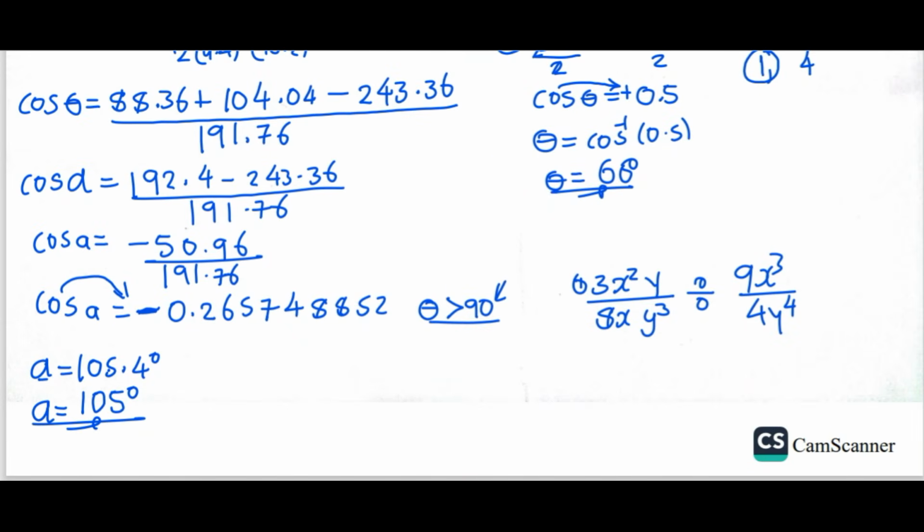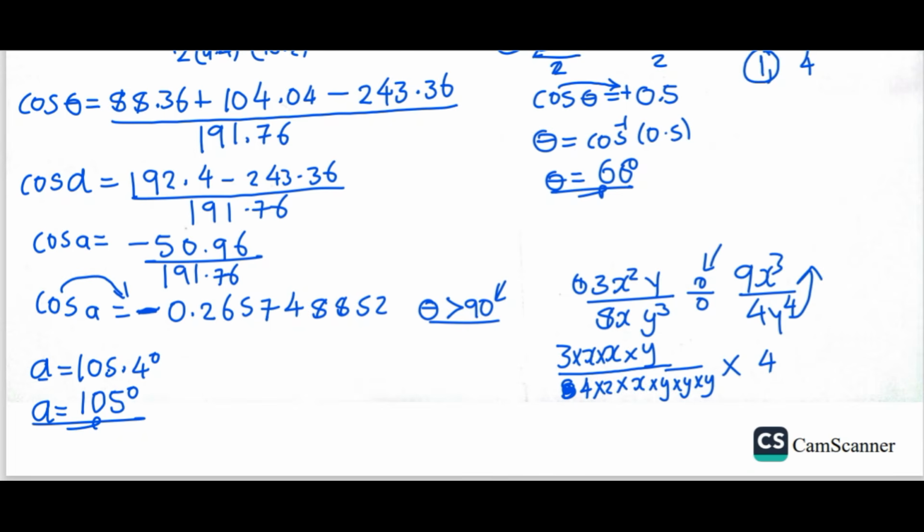If you want to simplify a question like this one, we need to change this into multiplication. So 3 is times x times x, since x is squared, times y over, here we are going to have 8. 8 is the same as 4 times 2 times x times y times y times y, then times, after we change this operator into a multiplication, this will go on top.